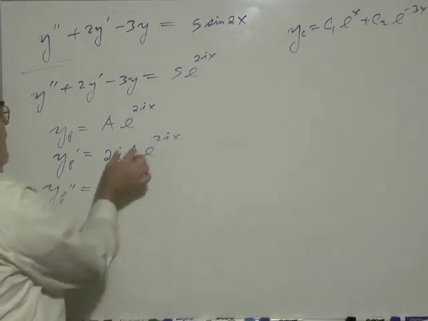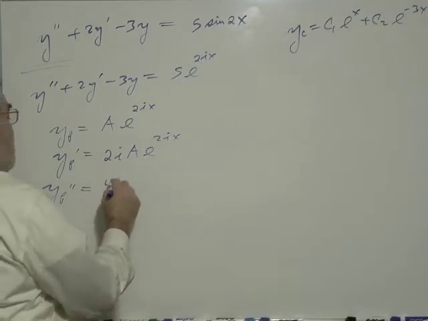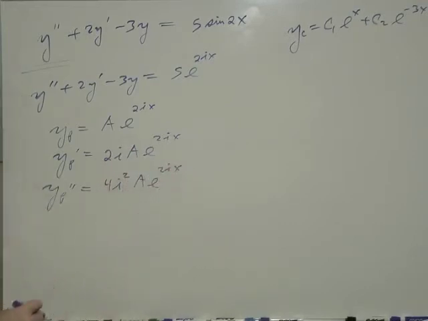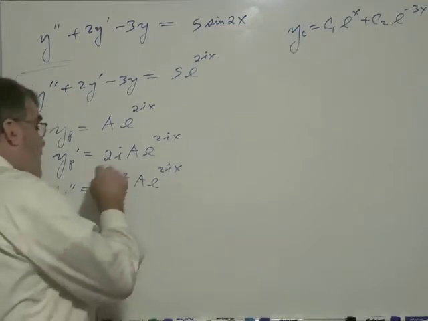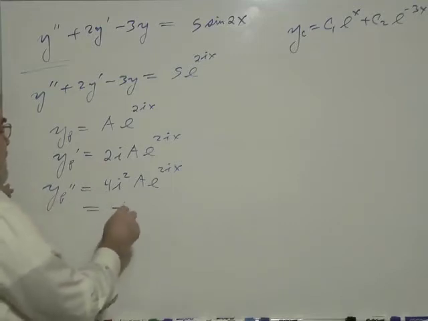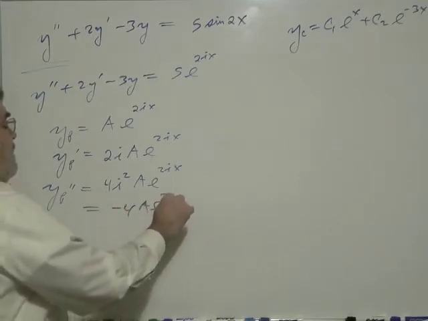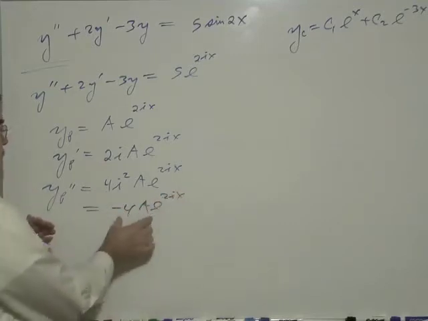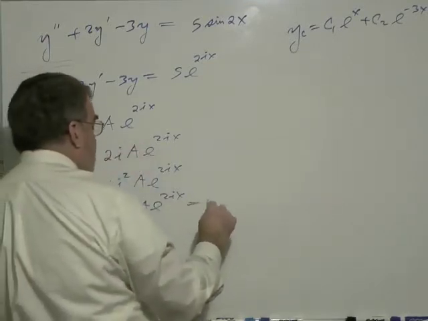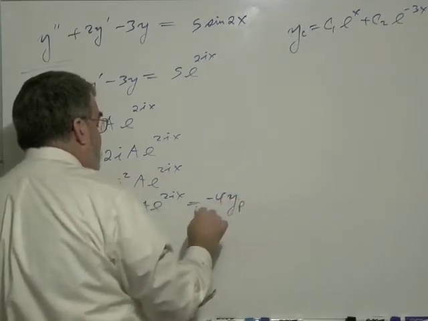We'll end up multiplying by 2i. I have 4i squared a e to the 2ix. And i squared, remember, is negative 1. So this becomes 4 times negative 1, minus 4a e to the 2ix, which is minus 4 times the function y, minus 4 y particular.